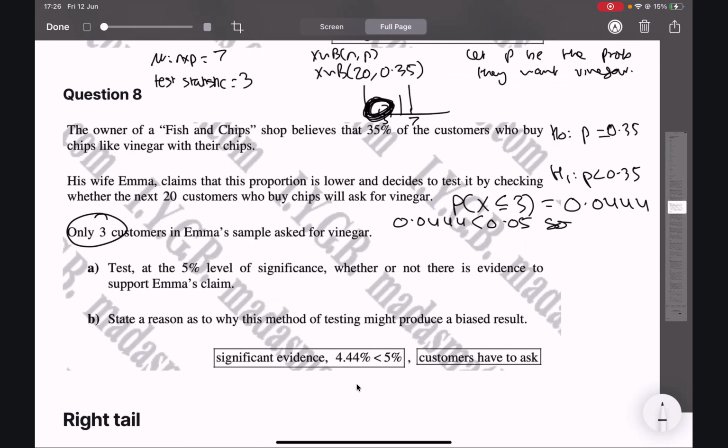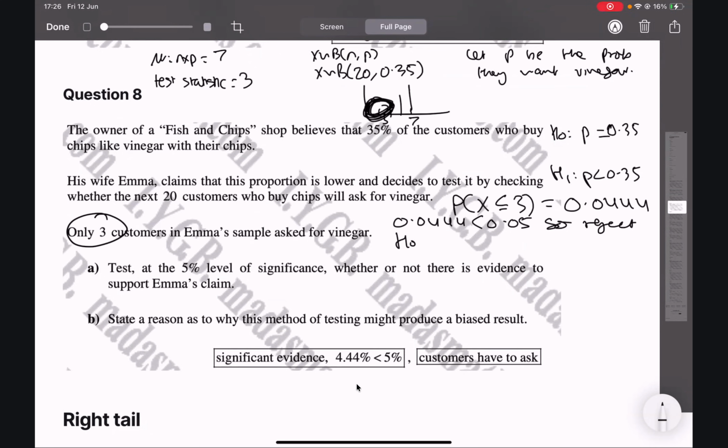So do we reject it? Reject which one? The null, because there is enough evidence. What has it proven? It's lower than the significance level. Yeah, but in everyday language, in terms of the vinegar, what has this proven?